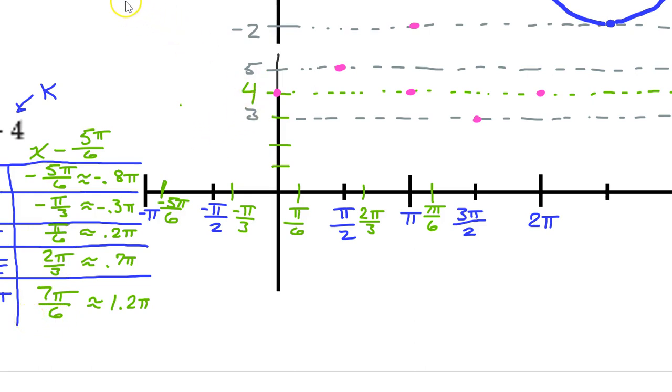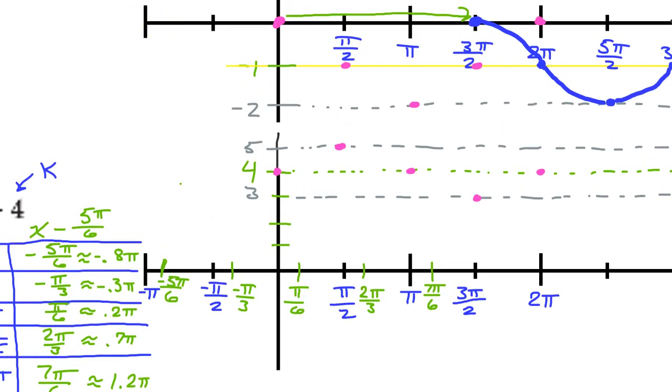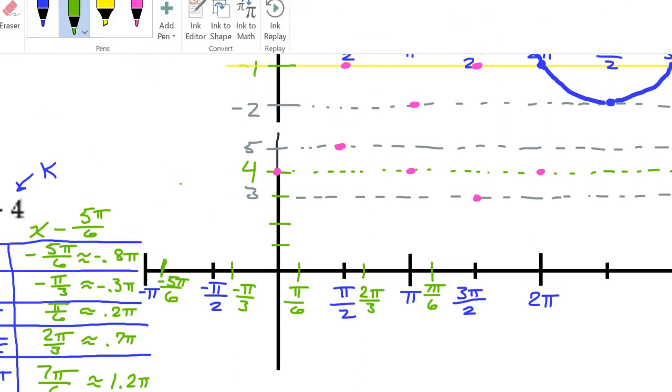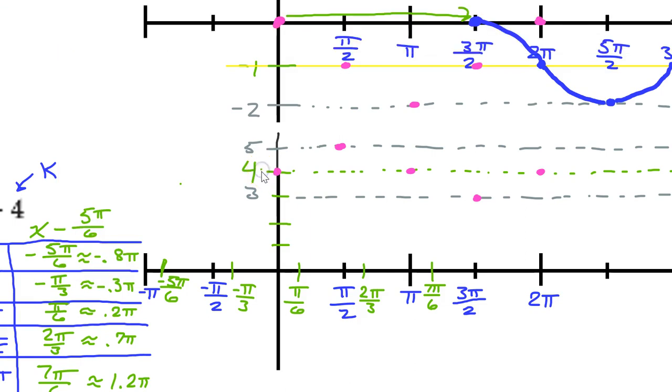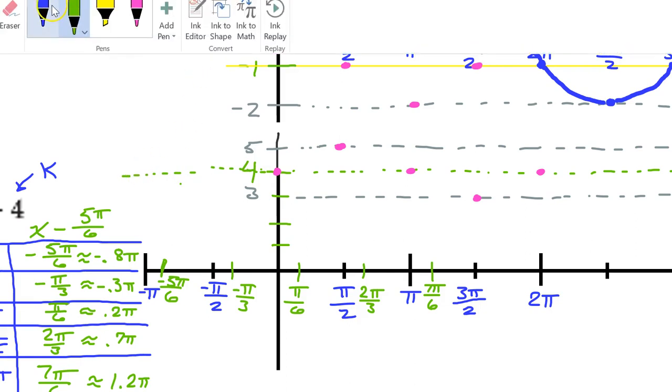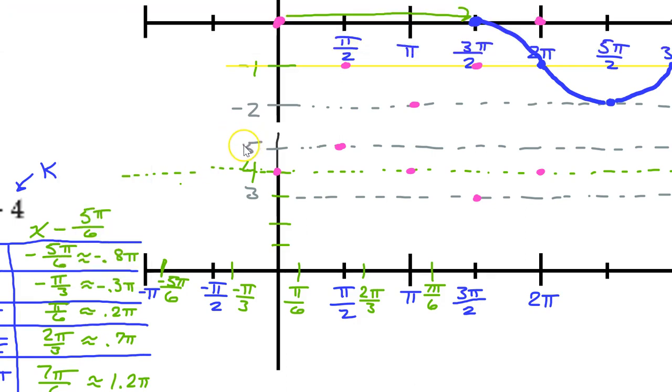Anyway, be very, very careful about graphing the first point that we're about to graph, and then the rest of them should follow. I'm suddenly feeling like I should extend this out. So remember, our midline is here at 4. And then we had our highs and lows at 5 and 3. So I'm just going to extend those out.